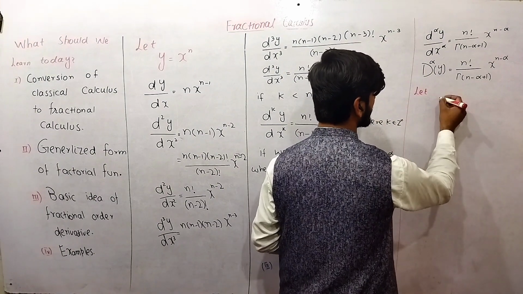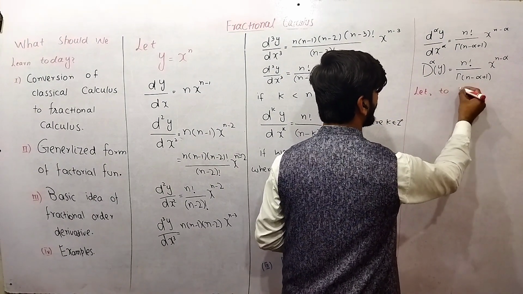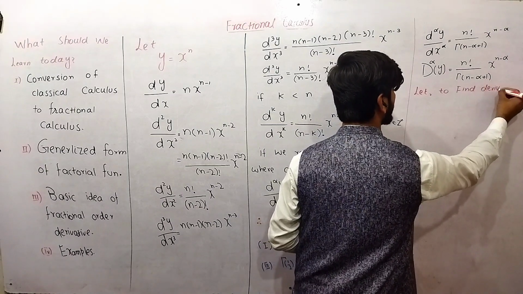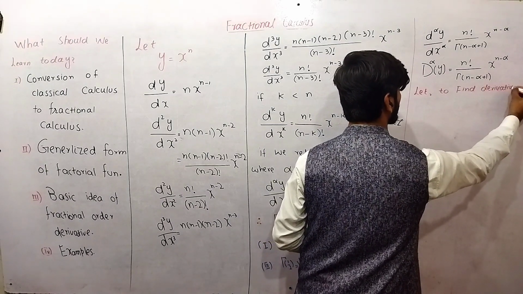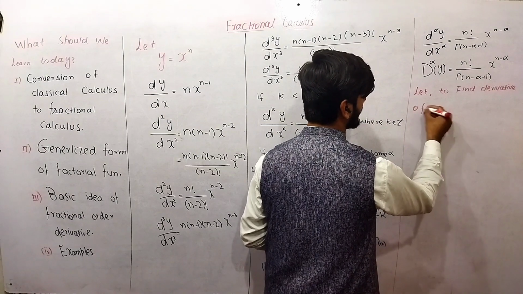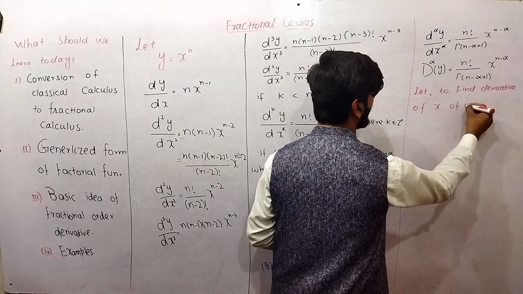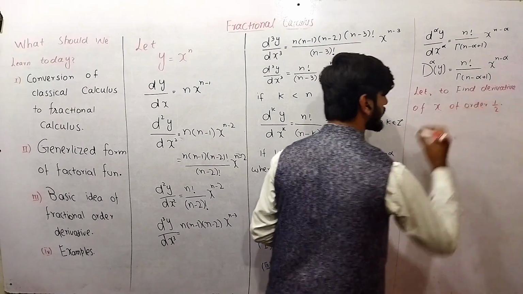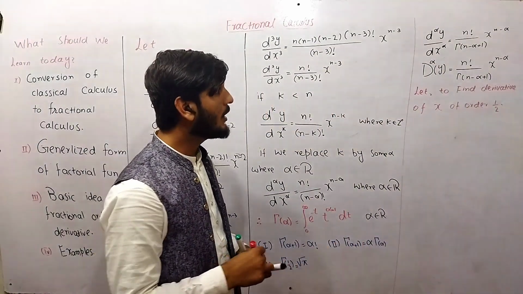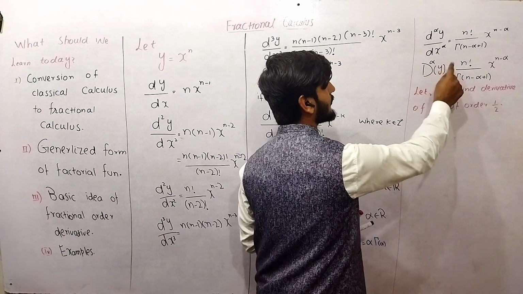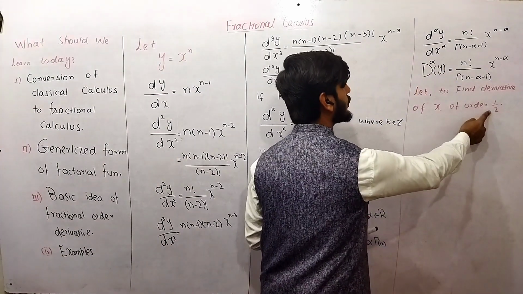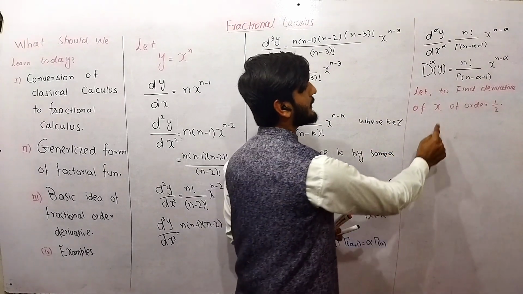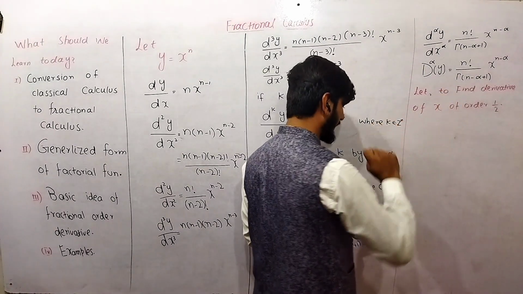Let us find the derivative of x of order 1 over 2. We can see in the formula that 1 over 2 is alpha, the order of the derivative, and the power of x is 1.